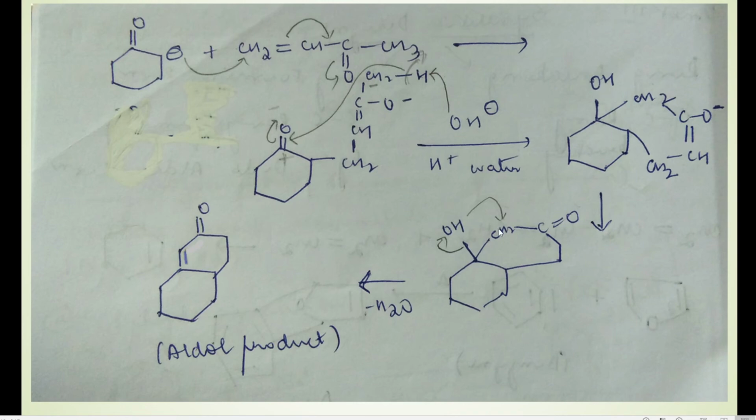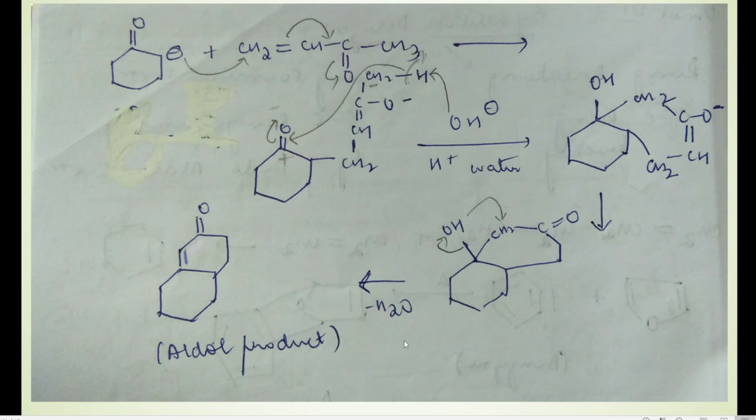Here you see there is elimination of water, that is, the OH minus group goes out. So this carbon here gets a partial positive charge, and from this CH2 one H leaves, so that OH minus combines with one H here to go out as H2O.